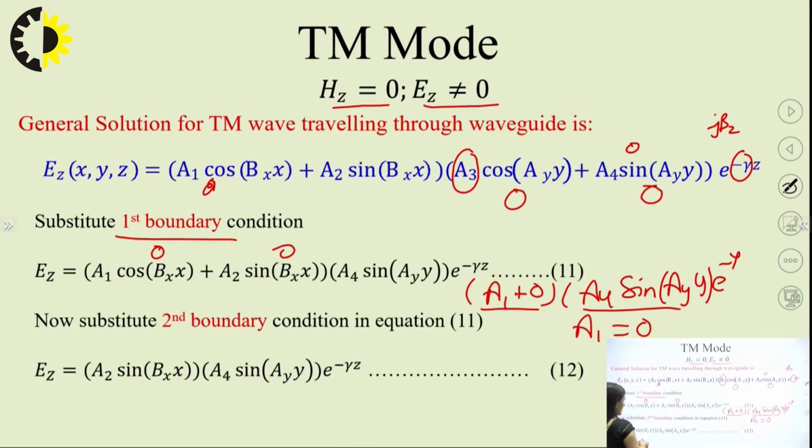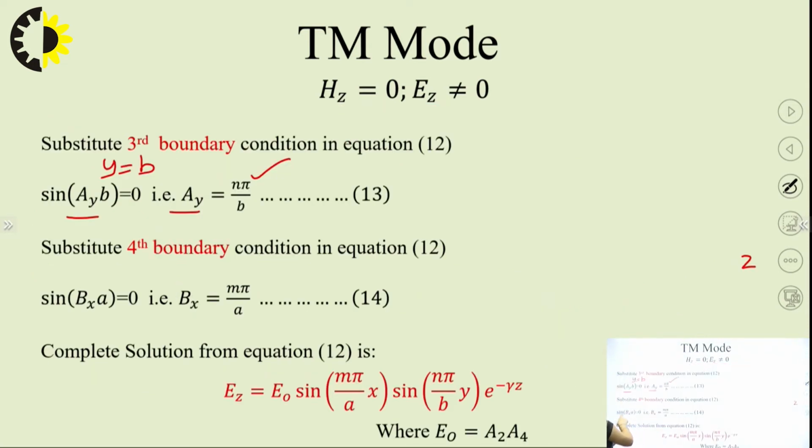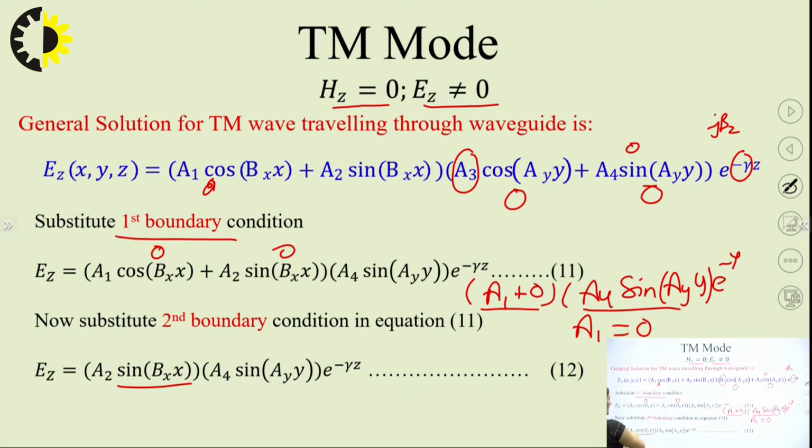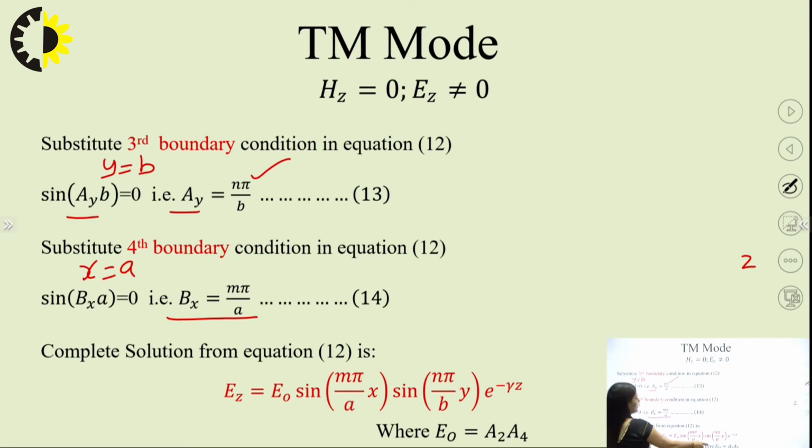Here x is equal to a, so sin of bx a is equal to 0, and bx comes out to be m pi by a. So the complete solution, I can write a2 a4 as E0, sin of m pi by a x, sin of n pi by b y, e to the power minus gamma z. This is the complete solution of your TM mode.